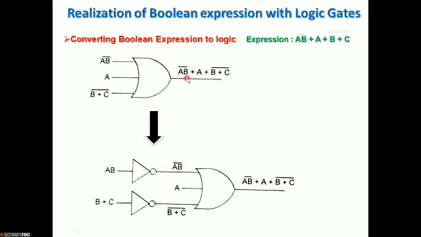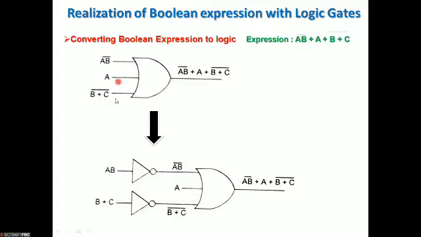So start with the final expression, that is A dot B bar plus A plus B plus C bar. Since it is a summation of 3 terms, this is the first term, second term, and this one is considered as a third term. It must be the output of a 3 input OR gate.